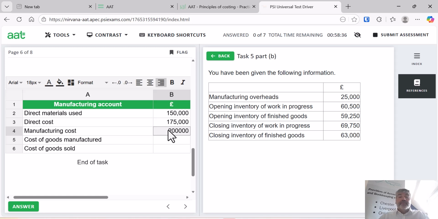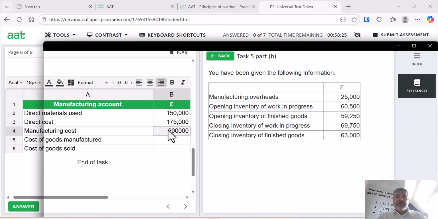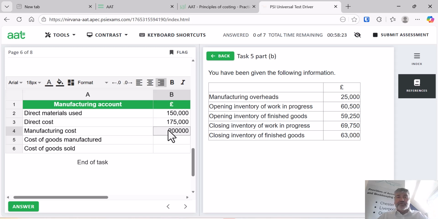But that manufacturing cost relates to products that we may have just finished off in this current period and were started in a previous period. It relates to products that we've started and finished in the period, and it relates to products which we've started work on but are still in the factory, in the production process at the end of the current reporting period.